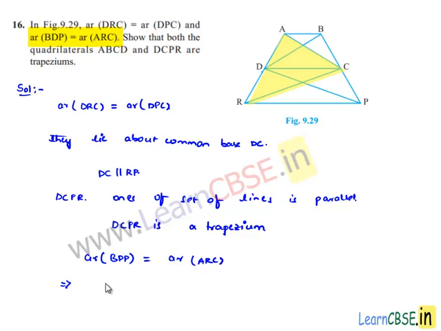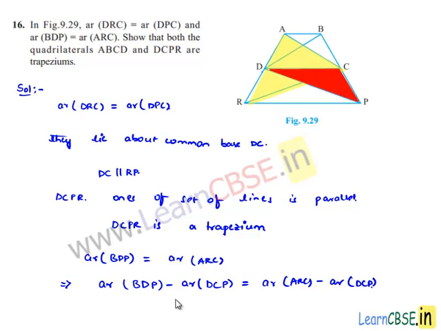That implies, let us subtract area of DCP, or DPC, from both: area of BDP minus DCP, which is nothing but BDC, is equal to area of ARC minus area of DCP.